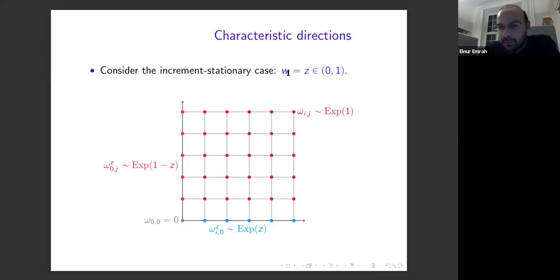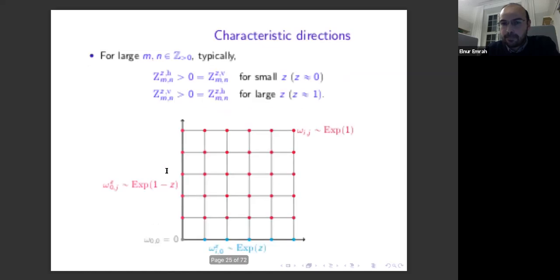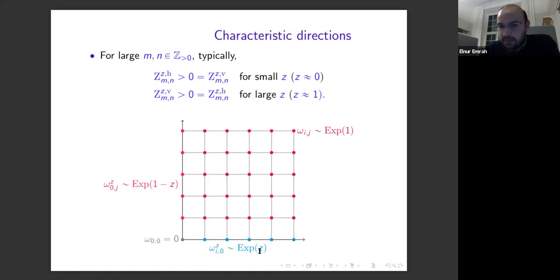Now, our focus again will be on the increment-stationary case here. So I'll take W equals Z, so the horizontal boundary weights are exponential Z, and the vertical boundary weights are exponential 1 minus Z. Now, when Z is small, meaning close to zero, then the horizontal boundary weights have larger means.